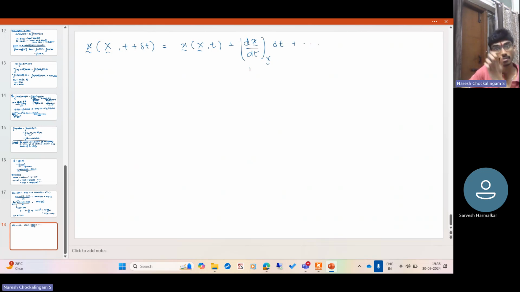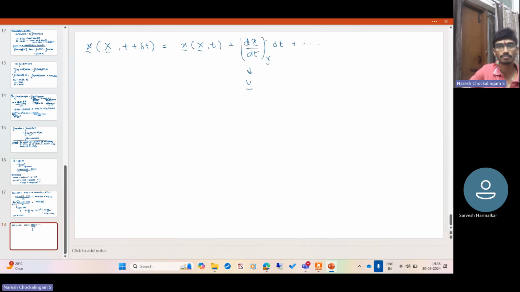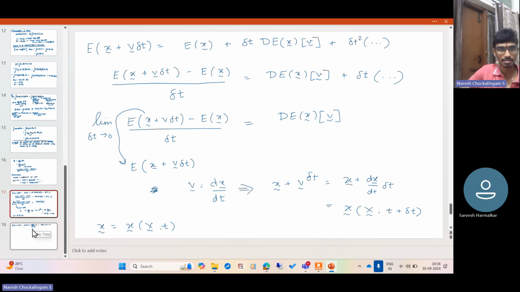But this itself is v, and therefore x plus v delta t is nothing but x of X comma t plus delta t, plus terms higher order in delta t.